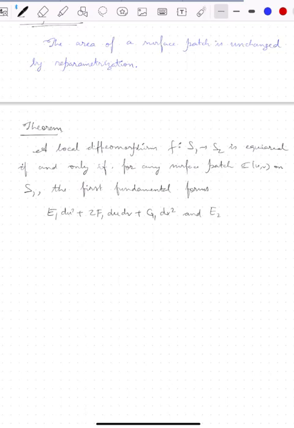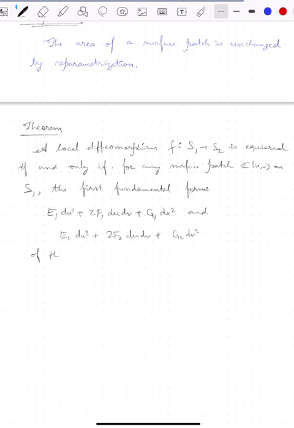and E2 du squared plus 2F2 du dv plus G2 dv squared of the patches.